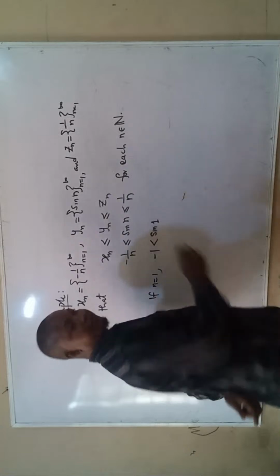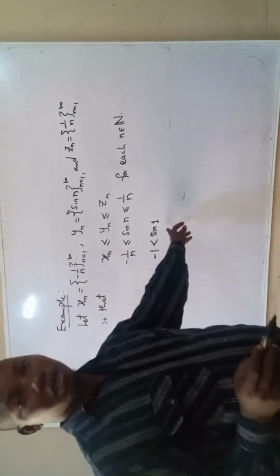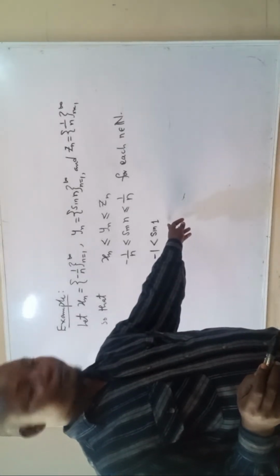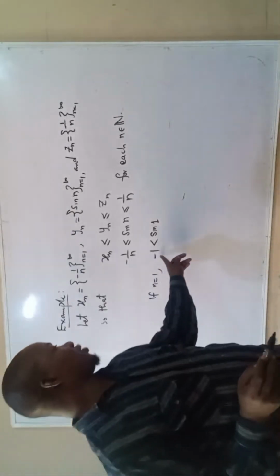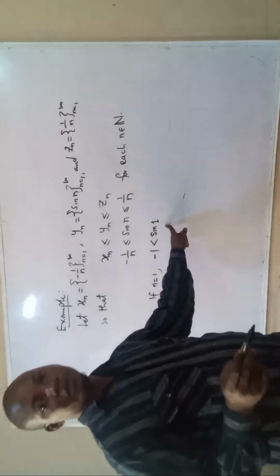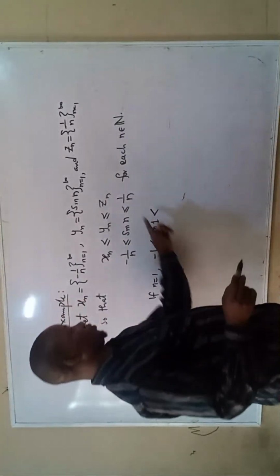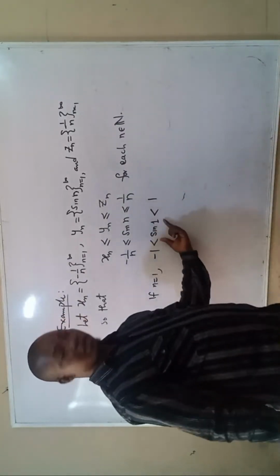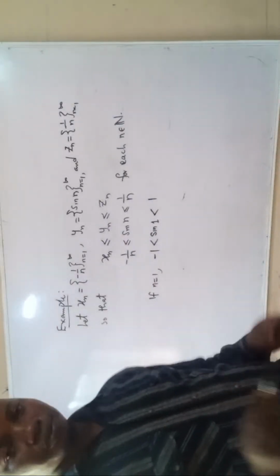If you have your calculator, convert your calculator to radian. If you press sine 1, you see that minus 1 will be less than sine 1. And also, this sine 1 will be less than, when you substitute 1 here, 1 over 1. You can check that on your calculator that this is true.